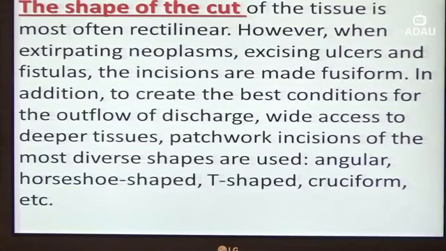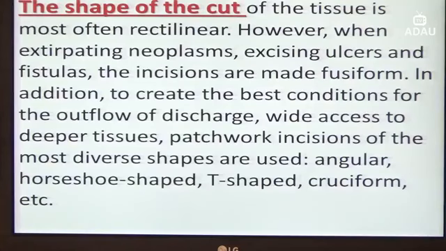Of course, we can use instruments which we have in the clinic: different types of scalpels, different types of scissors, curved scissors and straight scissors. But sometimes we should know the shape of the cut, because when we want to cut tissues and raise some organs, we should know where this organ is located, raise it with a hook, and after that cut.